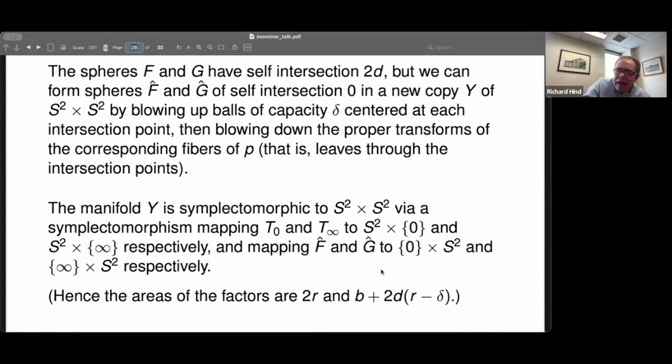And then there are general classification results about S2 times S2, going back to Gromov again, McDuff. So the result here we can identify with S2 times S2, but again, I can take the transforms of the T's back to the horizontal axes, and now the F hat and the G hat become the vertical axes. The area class changes, but we don't care.